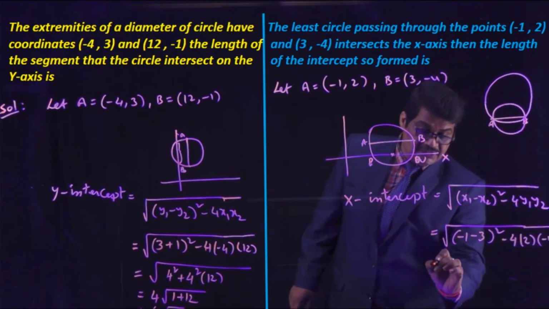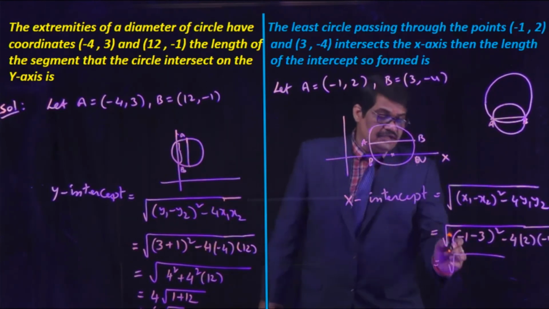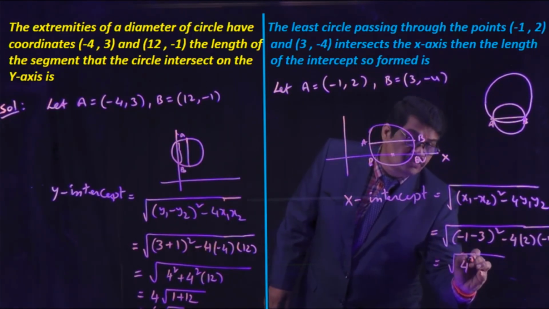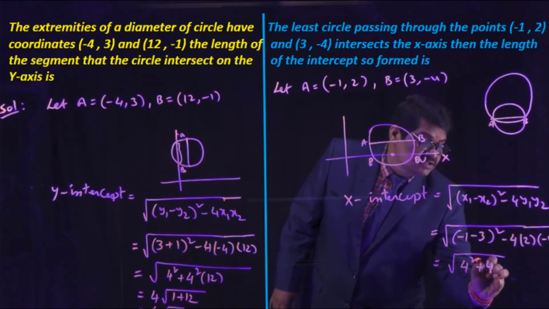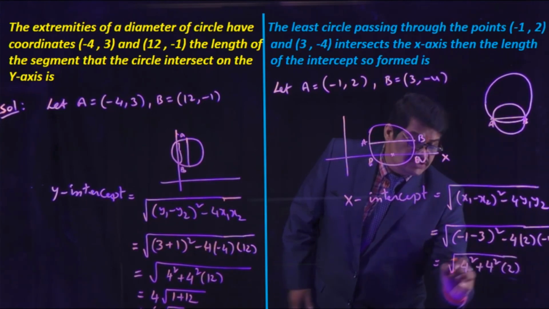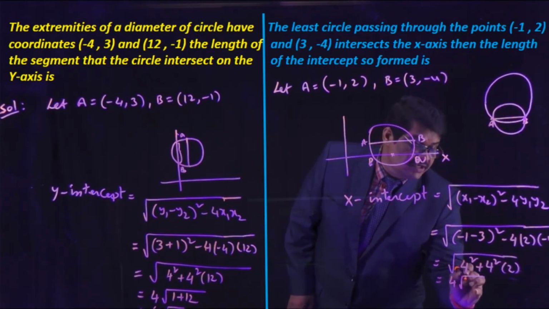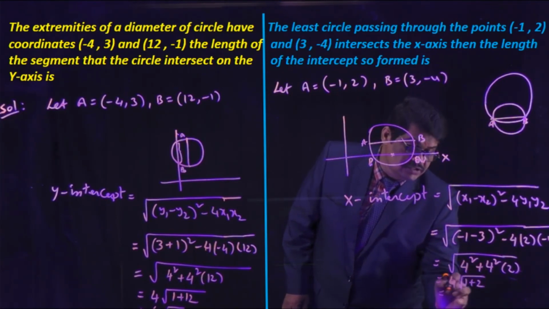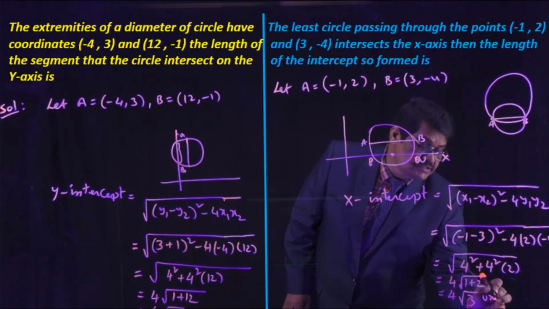So that is minus 1 minus 3, minus 4 whole square, which becomes 4 square, plus 4 into 4, which is 4 square into 2. Here also 4 square is common, the root of 4 square is 4, and the remaining terms 1 plus 2 give 4 root 3 units.